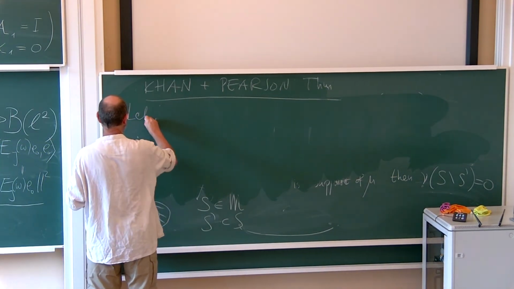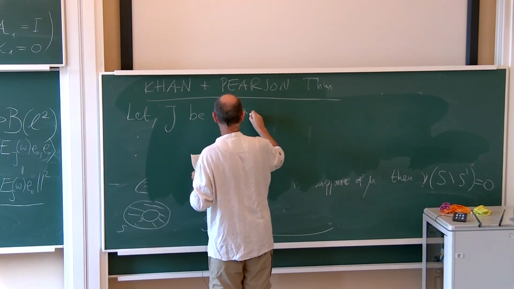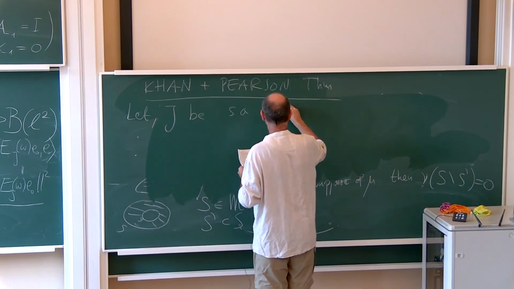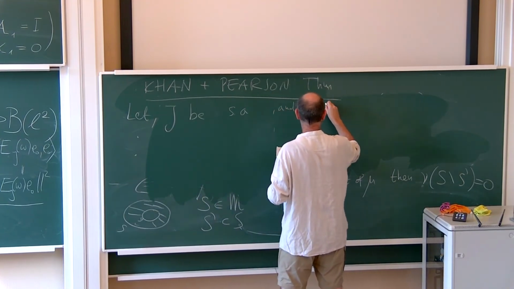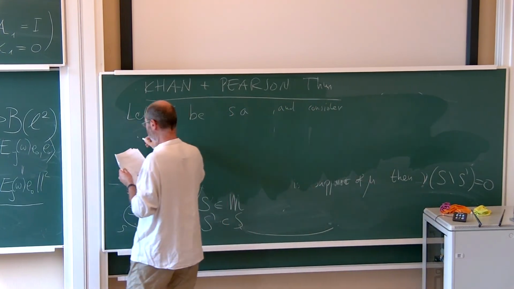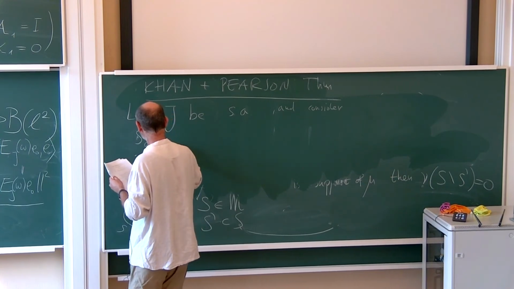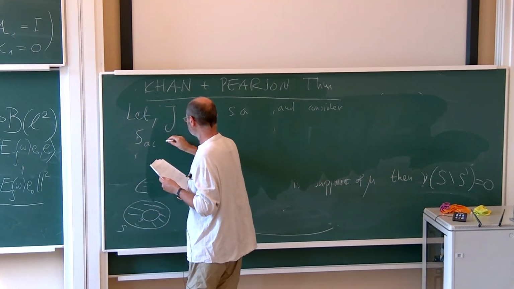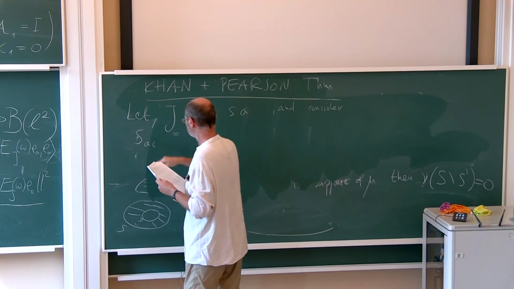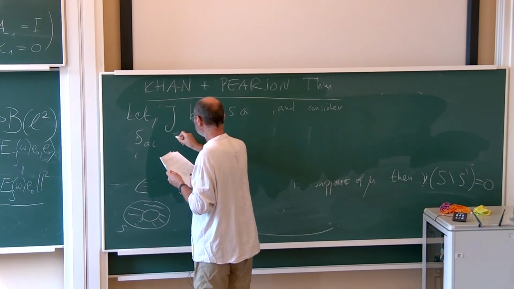So let J be a self-adjoint operator and consider two subsets of the real line. One is SAC, I call this SAC because it's connected with the absolutely continuous spectrum.